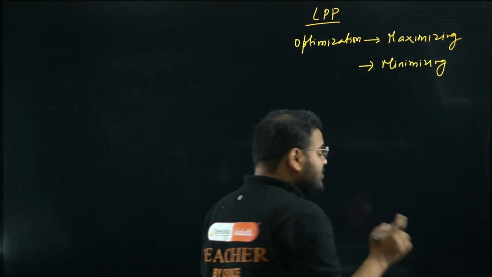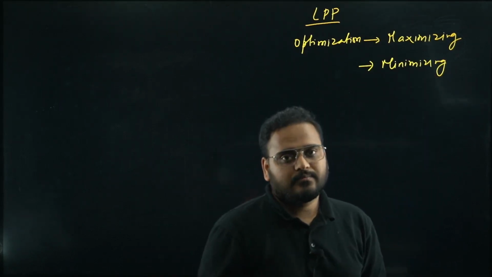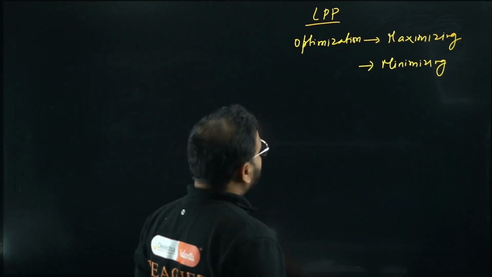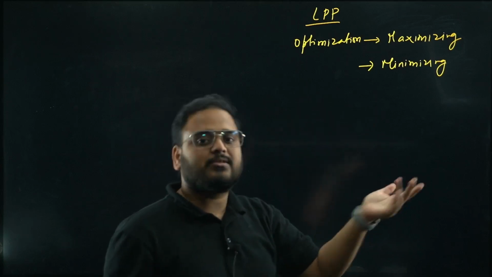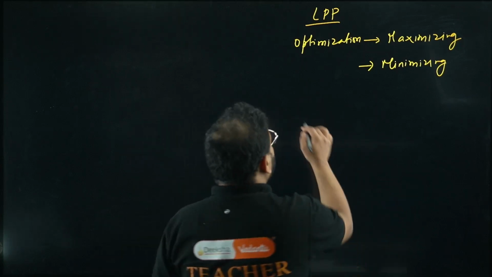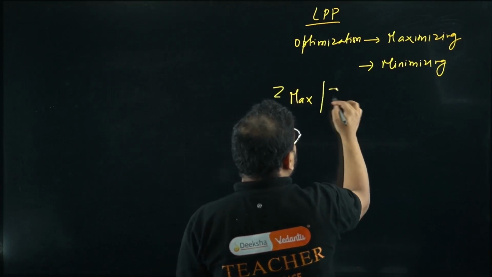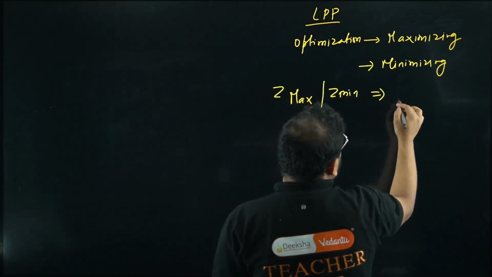In the question they will not ask you to find the optimal value, rather they'll ask you to find the minimum or maximum value. So optimization is of two kinds. But whether you get a maximum value or a minimum value, they are both called the optimal solution. Whether you get Z max or Z min, both are called your optimal solution.